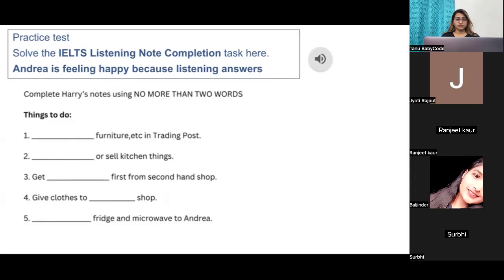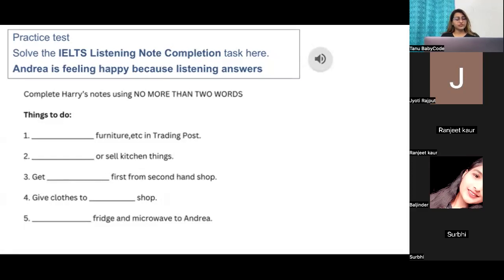Let's go and buy a trading post and you can help me write the advert. Well, actually, I'm interested in buying the fridge and the microwave, depending on the price, of course. Okay, let's see how good you are at bargaining. That is the end of section 1. You have half a minute to check your answers.